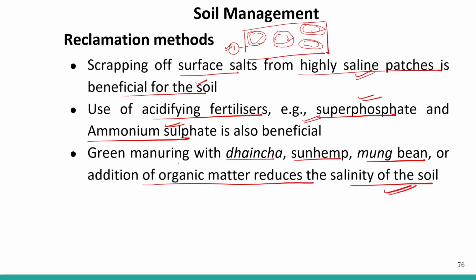Some of the green manures like dhencha, sunhemp, mung bean, and also organic matter like leaves, stems, branches, all that can be added as a green manure, and that also reduces the salinity of the soil.